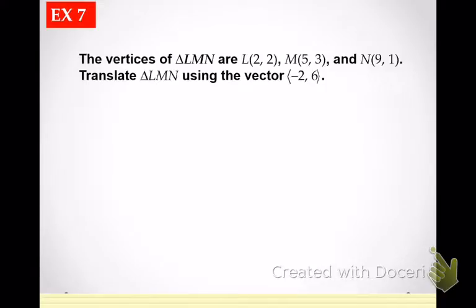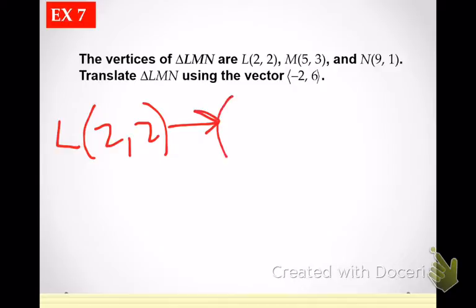So they give us the vertices of L and M, and we have to translate it using the vector negative 2, 6. Okay, so L starts out at 2, 2, and when we translate it, what does it become? The x value is what? 0.